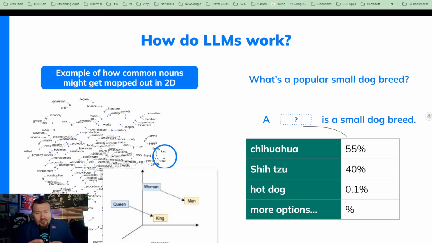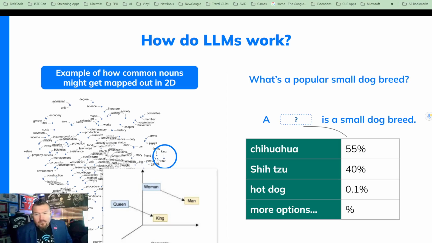And even though this is a very simplistic example, it creates a prediction based upon your prompt, based upon your question, to give you an answer that it believes, based on prediction, that you'll want.